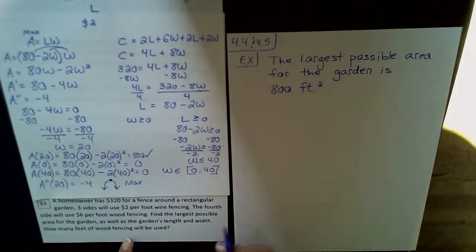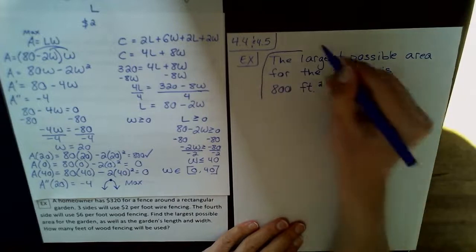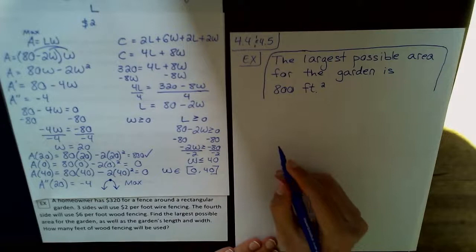From there, it said to find the garden's length and width. So we'll go ahead and circle this for right now. We have a little bit more to calculate, which we'll do underneath here.